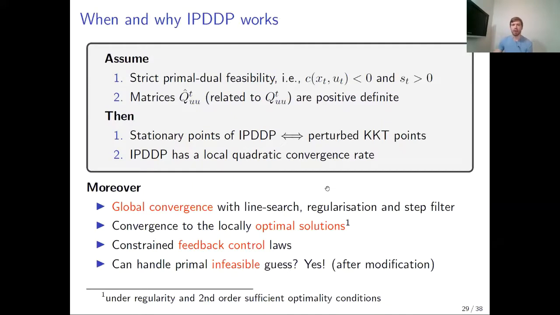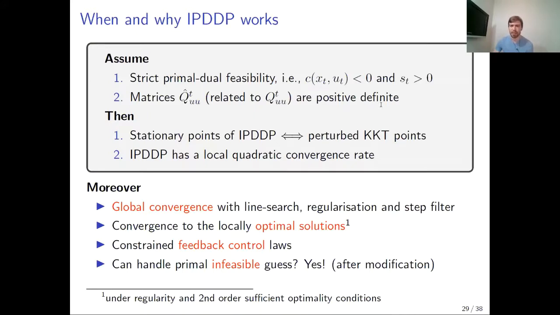Yep, so when and why IPDDP works. We have to assume a strict primal-dual feasibility. So the constraints are satisfied strictly and the dual variables are strictly positive. Matrices Q hat UU, which are related to QUU, which are the Hessians of Q functions with respect to U, are positive definite.